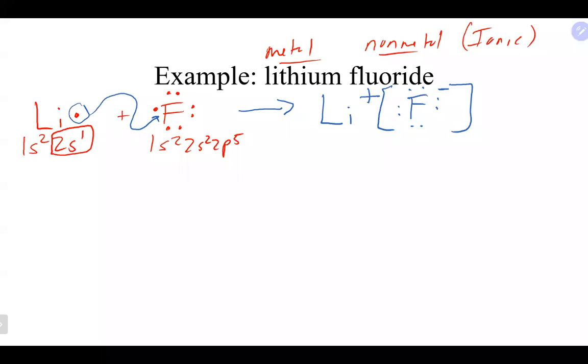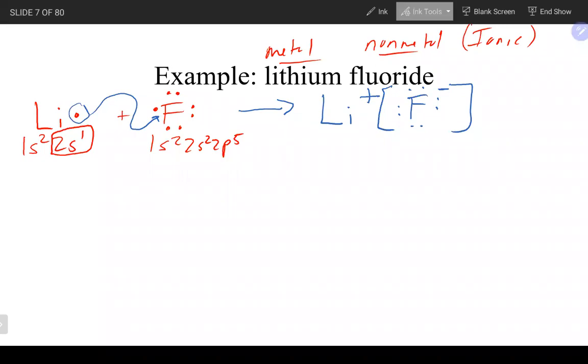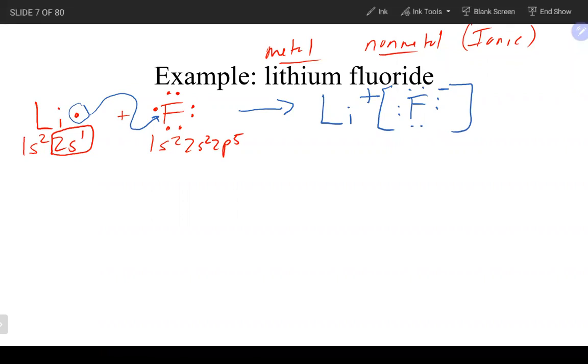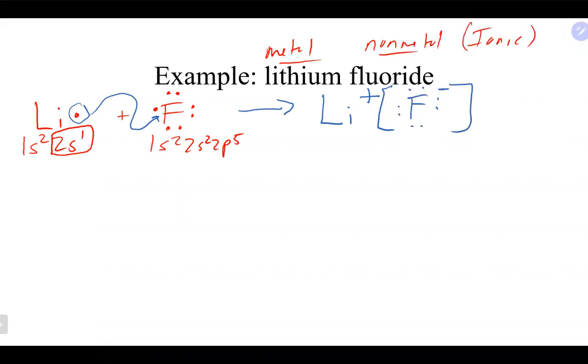Now, let's take a look at what happens to the electron configuration on the right-hand side here. Once we have our ions with charges, when our lithium loses an electron, it loses its valence electron, which means that goes away, and lithium ends up with a 1s2 configuration. Who has 2 electrons on the periodic table? It is helium, and helium is a noble gas.